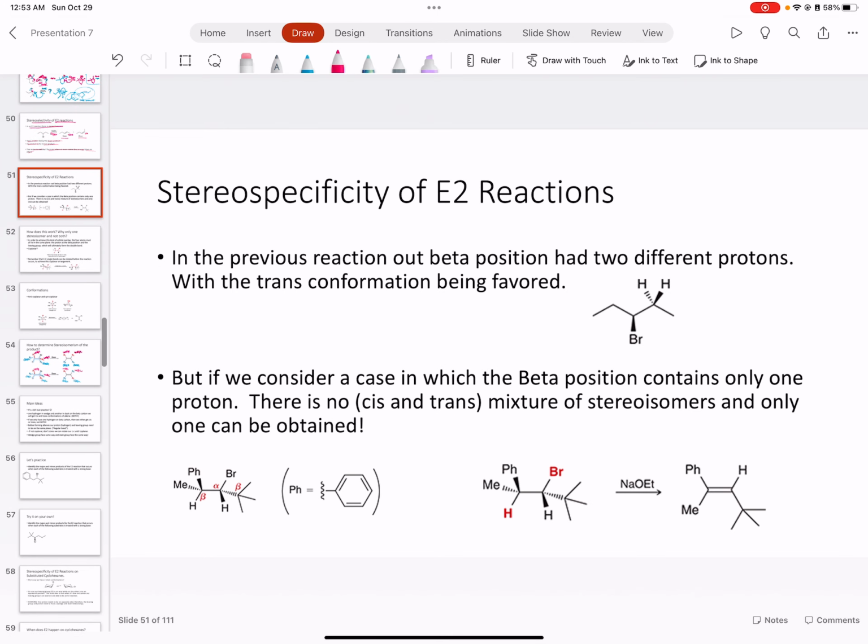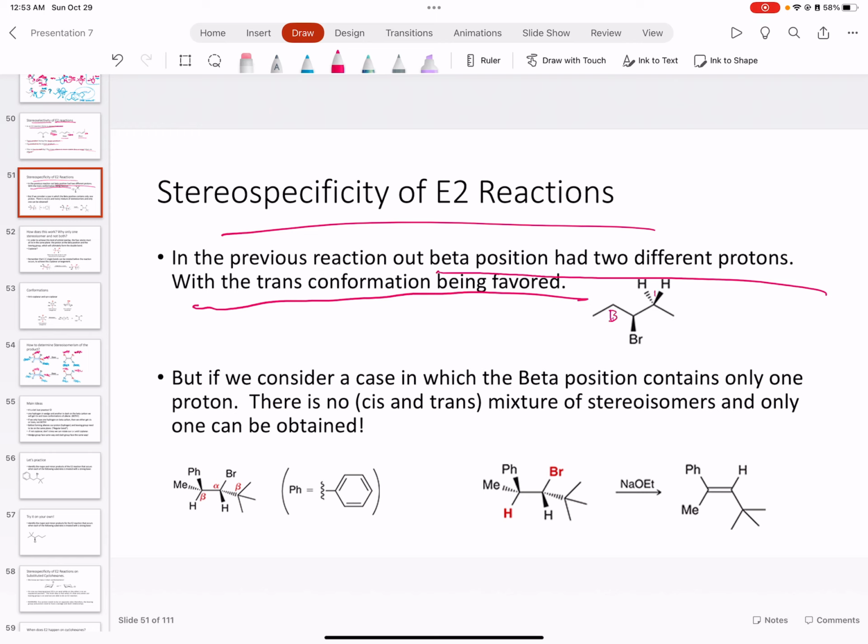So, stereospecificity of E2 reactions. In the previous reaction, our beta position had 2 different protons, with the trans conformation being favored. In here, our beta positions look the same, right? So we'll be given the same products.